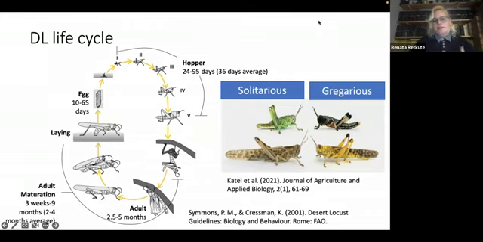But then something happens, conditions are good, and there are too many, so through density dependence the locusts become gregarious. As hoppers they are black, and as adults they are yellow, and they are really party animals. They like to group and march together or fly together, forming swarms. In my modeling, I'm concentrating only on this gregarious part of their life.